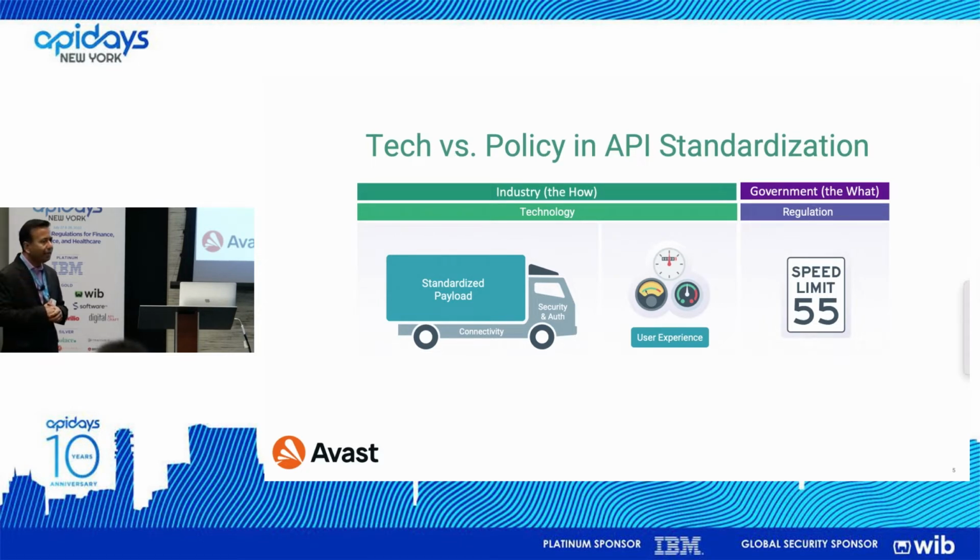However, in our experience, the government or the government-like bodies are best suited to defining the what. Like, what are the policy outcomes they want? The speed on the highway should be 55 miles an hour. Now, how that's delivered, each car maker is going to do it differently. They're going to come with different user experience, different wheelbase, different sets of wheels, et cetera, to deliver that.